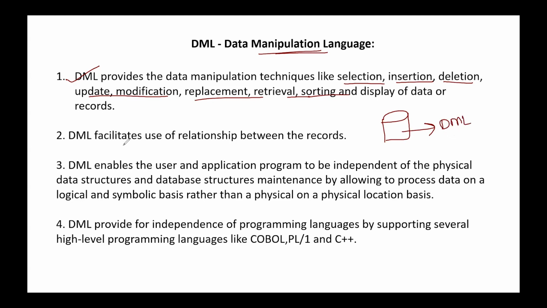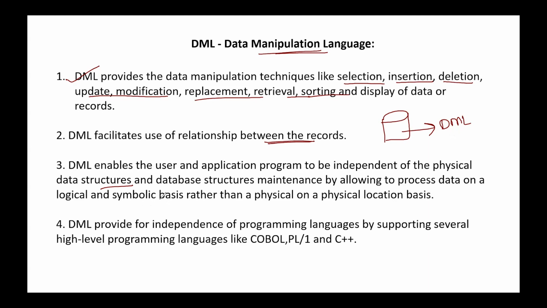Okay. DML facilitates use of relationship between the records. So this also helps us in relationship between the records. DML enables the user and application program to be independent of physical data structure and data structures maintained by allowing a process data on a logical and symbolic basis rather than on a physical location basis.